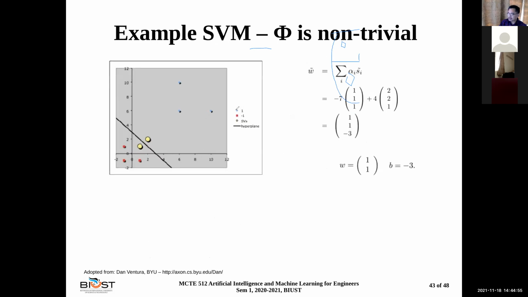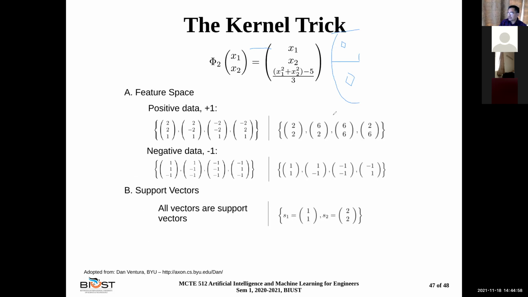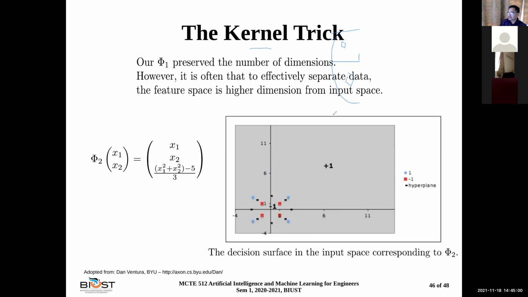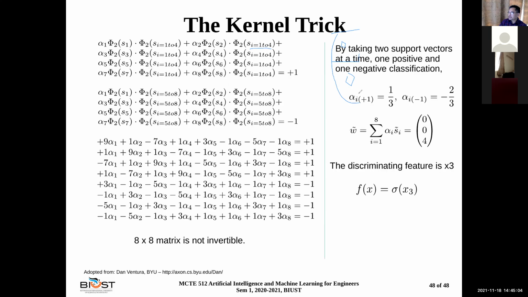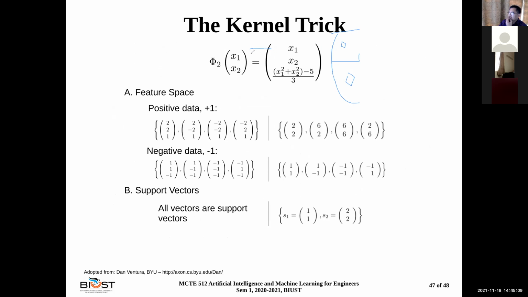The blue diamonds are positive. So if you transform them into 3-dimensional space, this one becomes positive 1 and positive 1. So that means if you see it in 3-dimensional space, all your blue diamonds are on top.